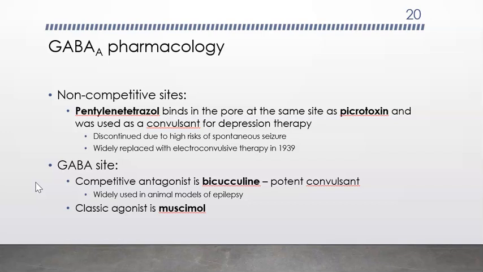The classic agonist for the GABA site would be muscimol. So this one would be anticonvulsant. It's going to increase the probability of that GABAa receptor opening, whereas bicuculline will decrease that probability.